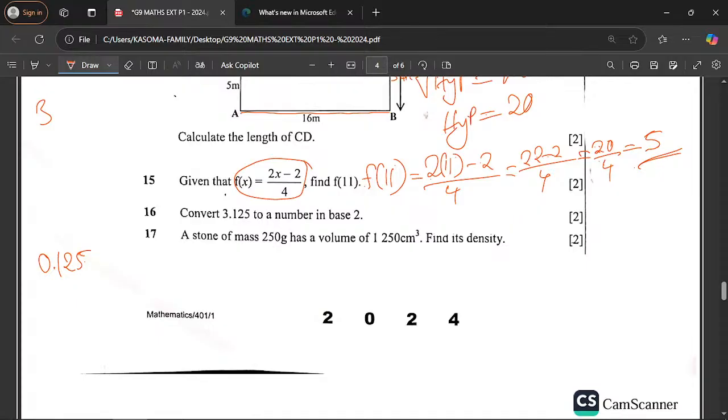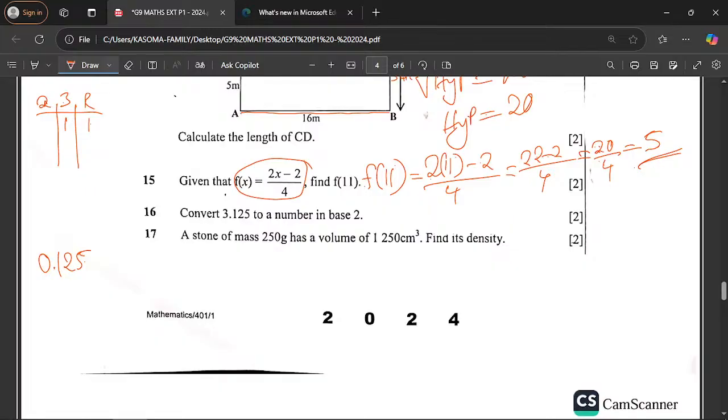To convert this whole number into base 2, we're going to come up with a frame like this. Then we say 2 into 3. It will go 1 time, remainder 1.